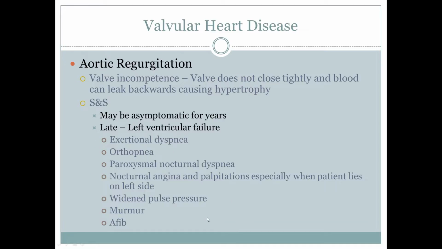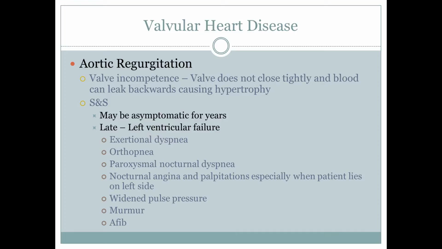Then there is the aortic regurgitation. Now, aortic regurgitation is really the opposite of the stenosis. The valves are just not closing tightly. It tends to leak blood backwards, because we want our valves to be unidirectional, right? We've got to get the blood in one place, and it doesn't need to move back up into the other place.